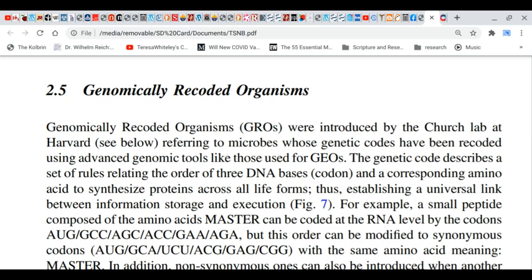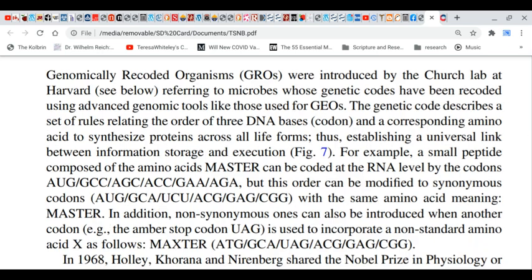For example, a small peptide composed of the amino acids MASTER can be coded at the RNA level by the codons AUG, GCC, AGC, ACC, GAA, AGA, but this order can be modified to synonymous codons AUG, GCA, UCU, ACG, GAG, and CGG with the same amino acid meaning, MASTER.